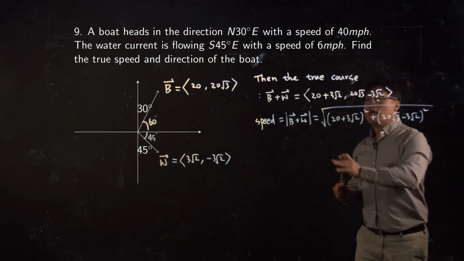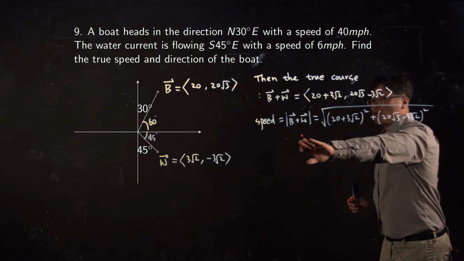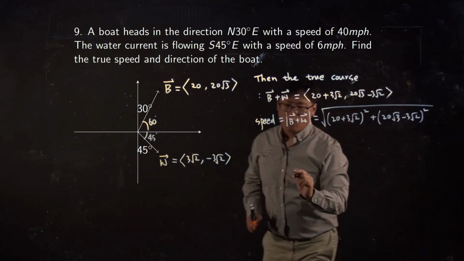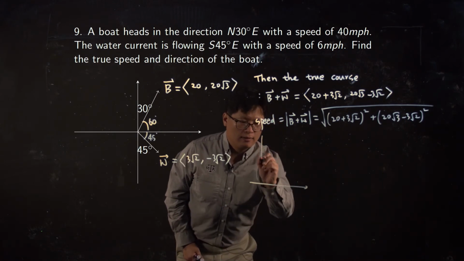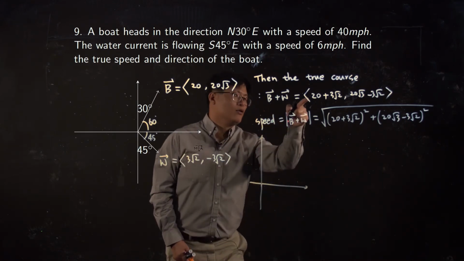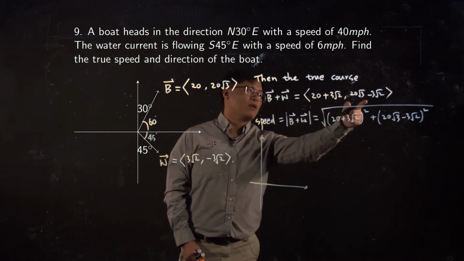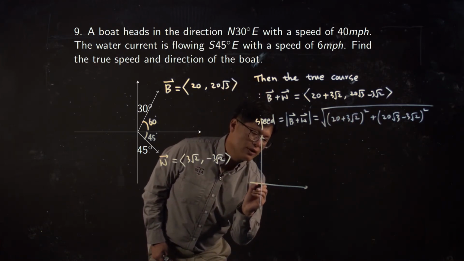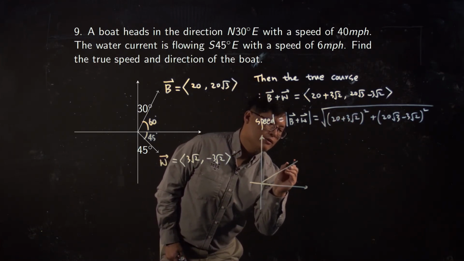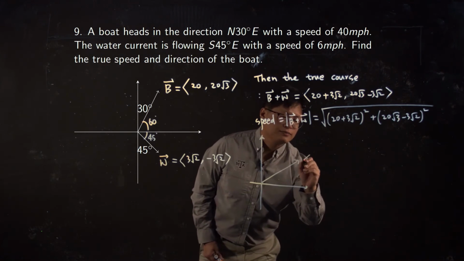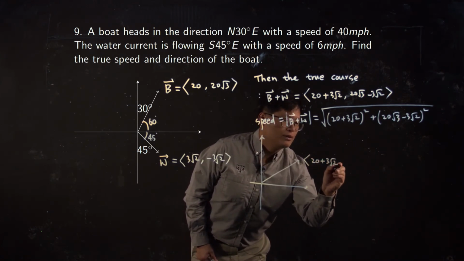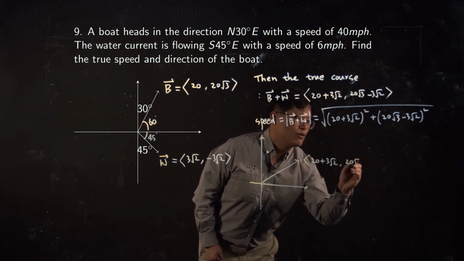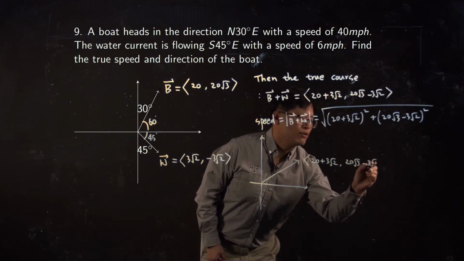Let me draw this true course vector in x and y components. Look at that. Your x component is positive and the y component is positive too, so your true course is somewhere here, like this way, which is 20 plus 3 square root 2 and 20 square root 3 minus 3 square root 2.